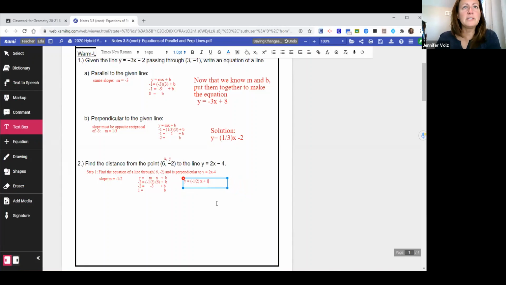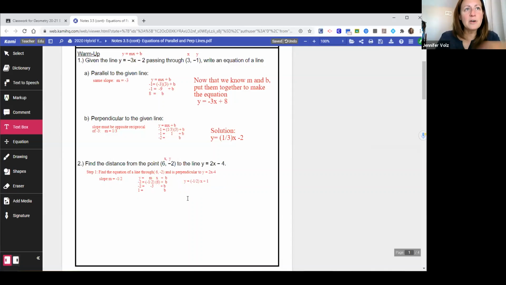All right, that's only step 1 of this problem. Now I know an equation that is perpendicular to the line and goes through that point. I'm trying to find the distance from the point to the line 2x minus 4, and the distance is always along a perpendicular. That's why I had to find that perpendicular line.